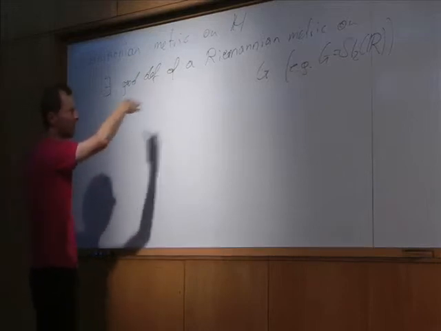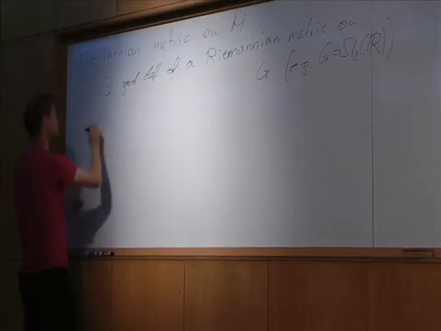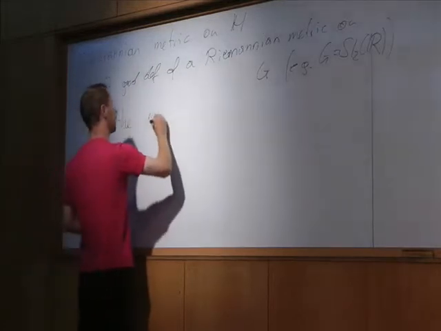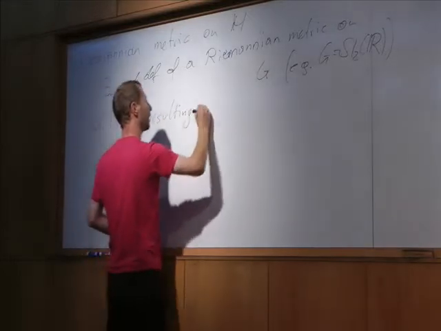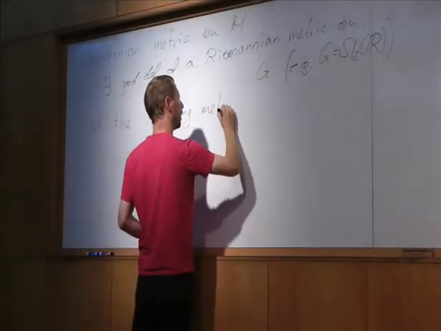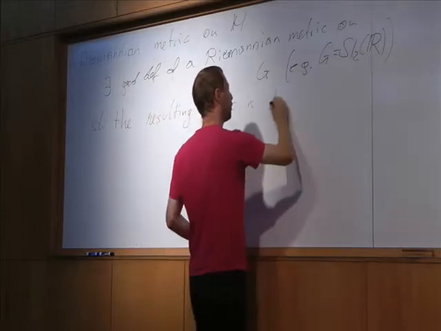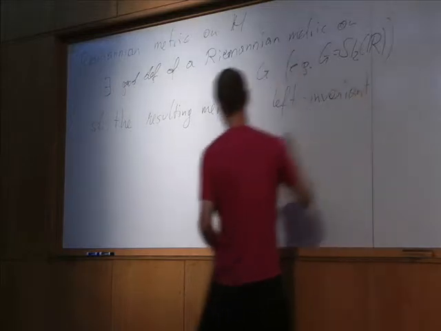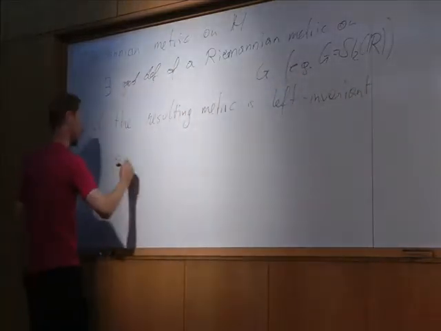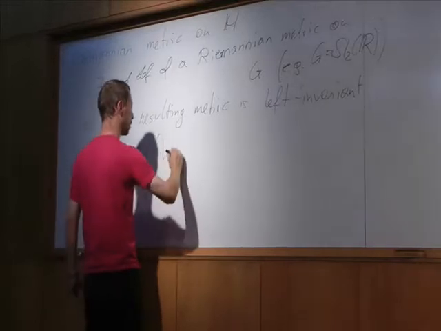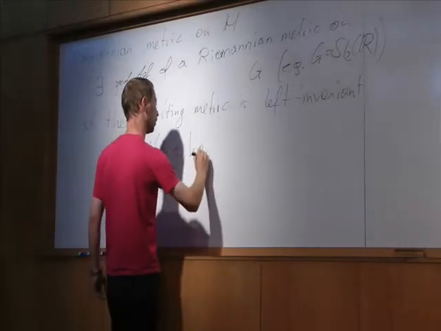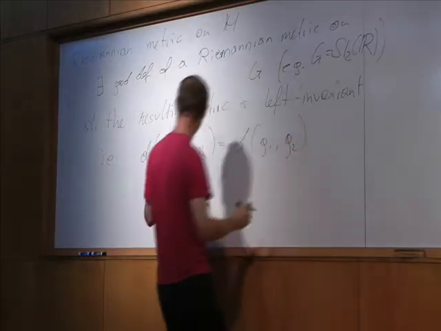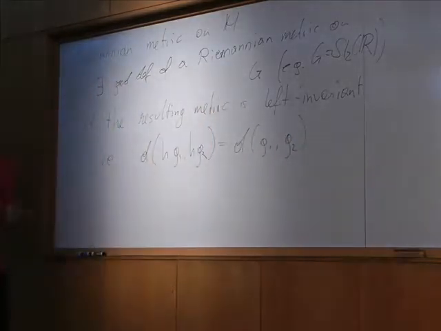We can define a Riemannian metric such that the resulting metric is left invariant, i.e. d(hg1, hg2) is equal to d(g1, g2). So left translation doesn't change the distance.